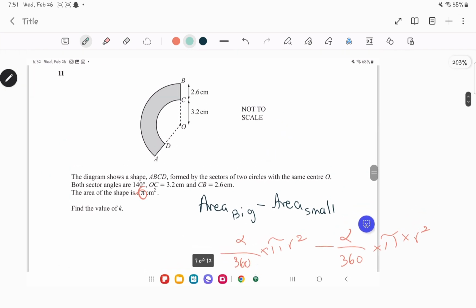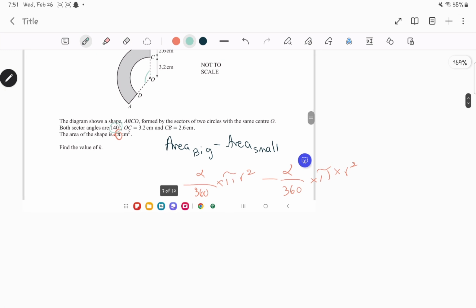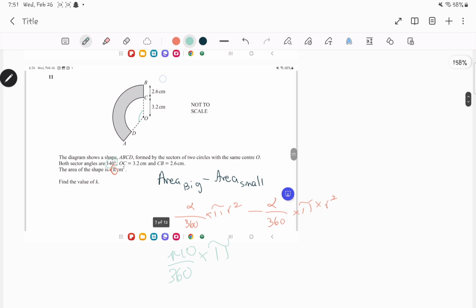Now what we notice is that both sector angles are 140, meaning the big area has 140 over 360 times pi times its radius. Its radius is 2.6 plus 3.2, which is 5.8.